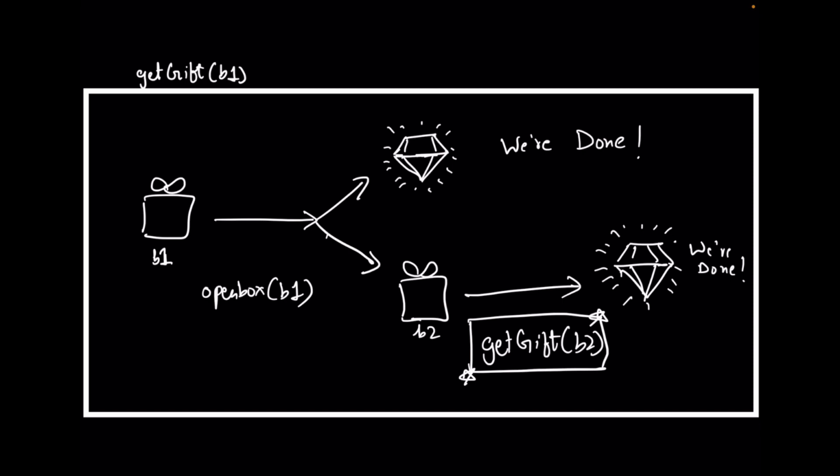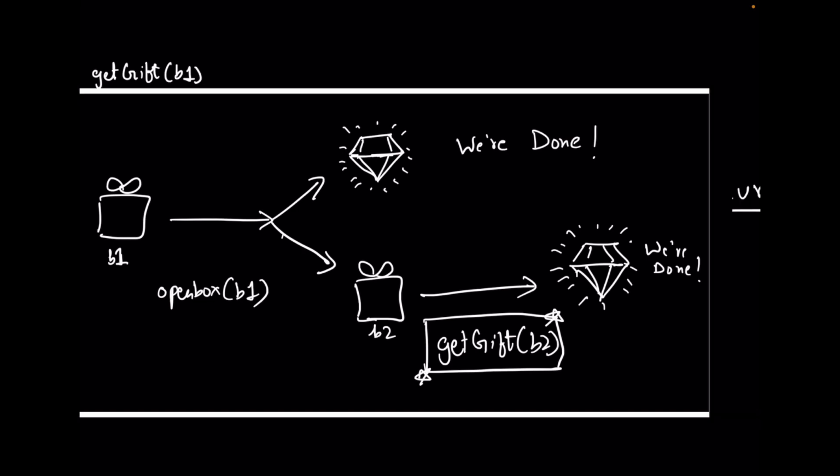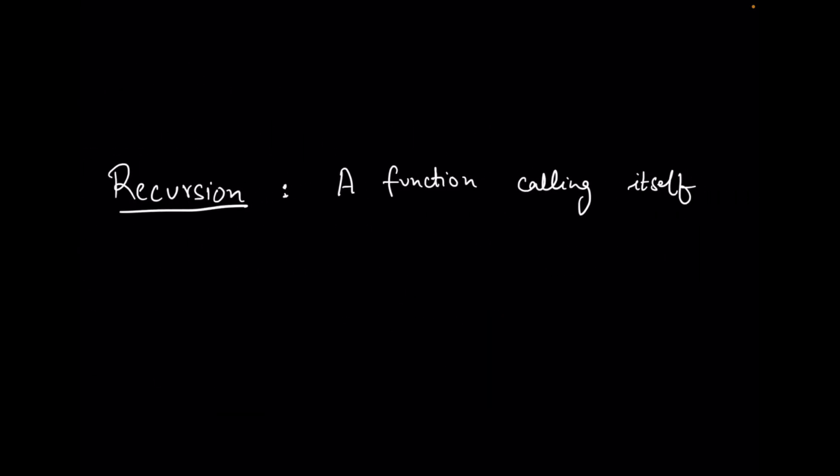It's a very big no-no in English definitions, but it's a really great algorithmic tool in computer science. And this algorithmic tool is known as recursion. Basically, a function calling itself in the body is what recursion is.